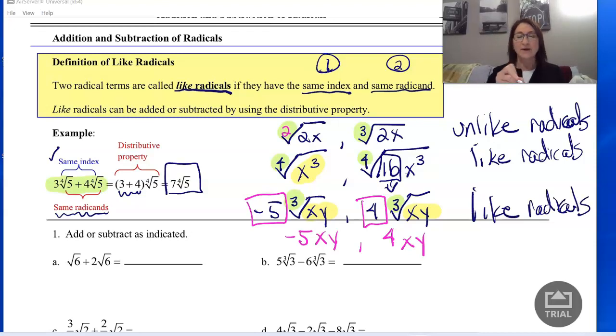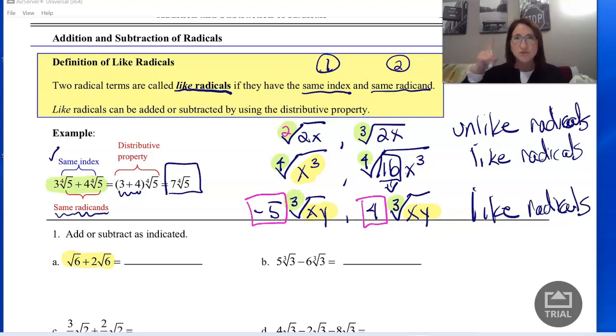Okay, all right, so let's go ahead and do some examples where we add and subtract now that we're very clear as to what are like and unlike radicals. So first thing I want to look at with this first example is to see, are these like radicals?